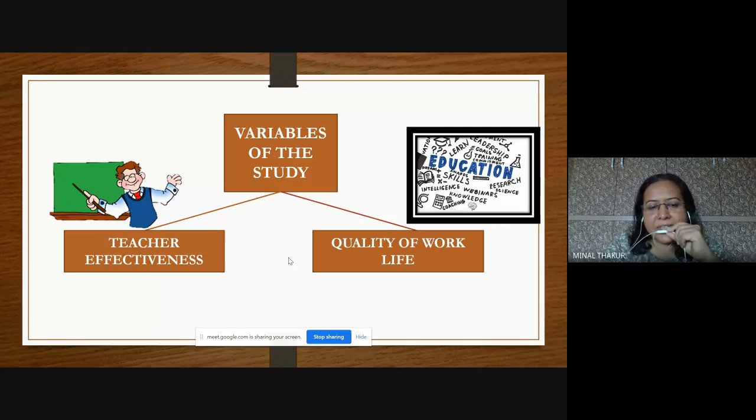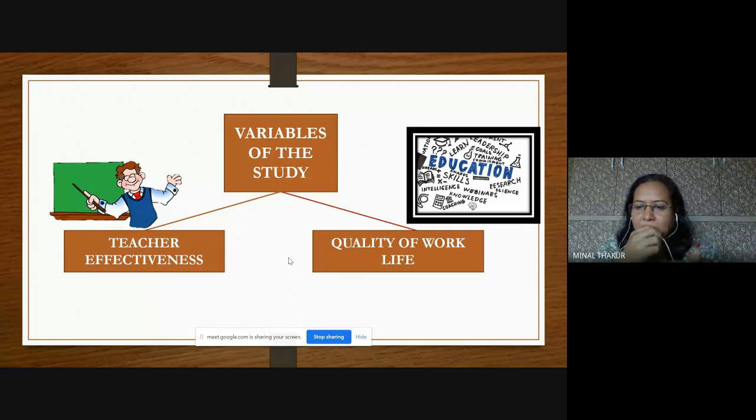Now, in the problem that I study, teacher effectiveness is an independent variable and quality of work life is a dependent variable. Now, how to decide which one is an independent and dependent variable? If the teacher is effective, then the quality of work life is good. If the teacher is ineffective, the quality of work life is poor.